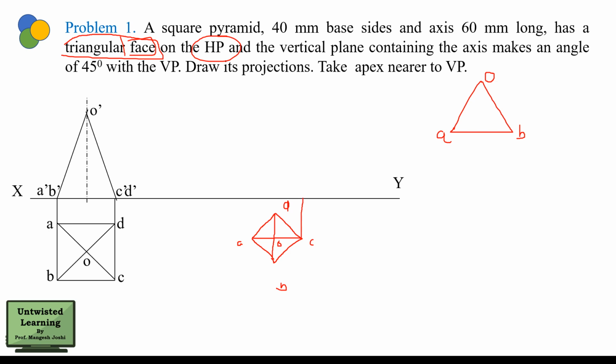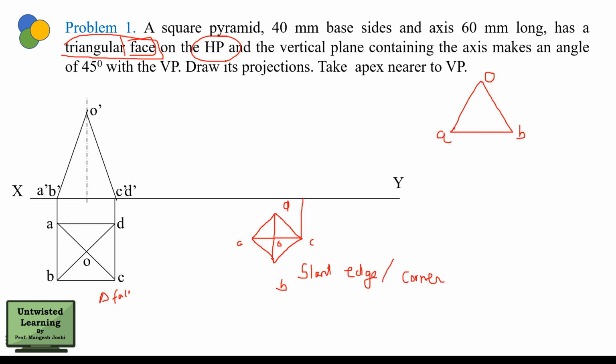This condition is for a square pyramid resting on one corner. Always remember, this is the condition for triangular face and this is the condition for slant edge, either for slant edge or corner.